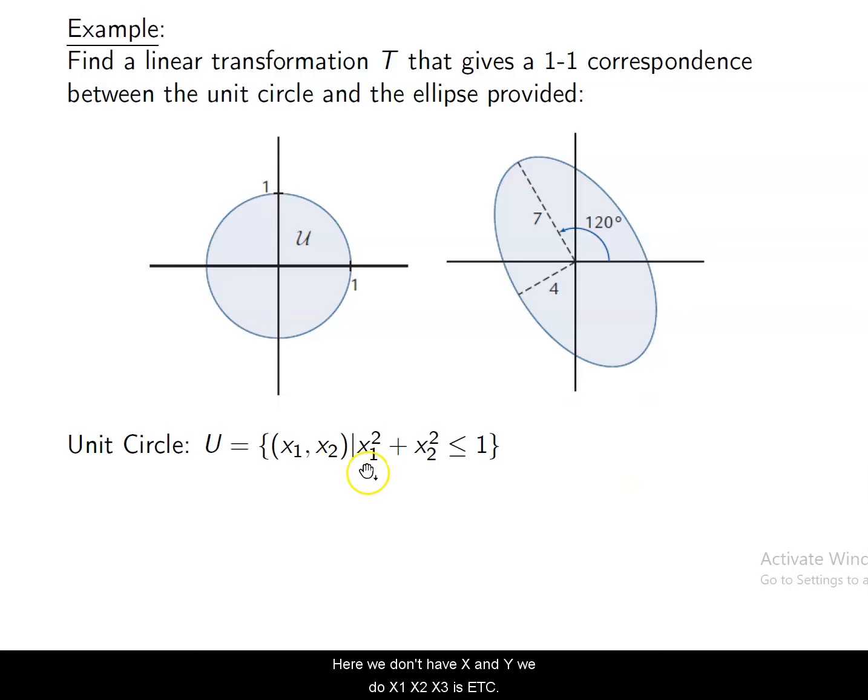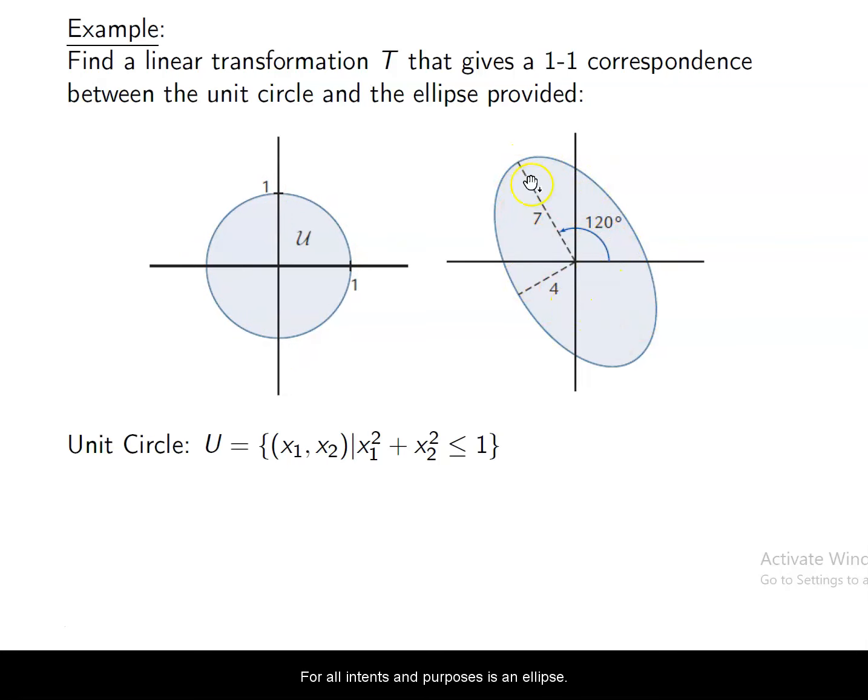Here we don't have x and y, we do x1, x2, x3, etc. Our circle is not just the boundary, it's everything within the boundary. So I need to be less than or equal to 1. I cannot just be strictly equal to 1, because then I would only have the values along the edge of the circle and not the stuff that lies within it.